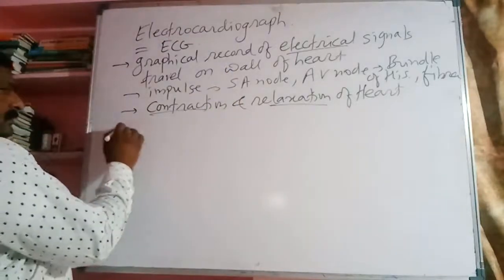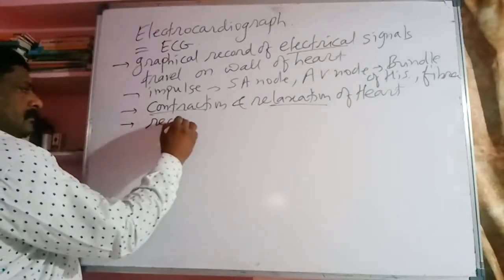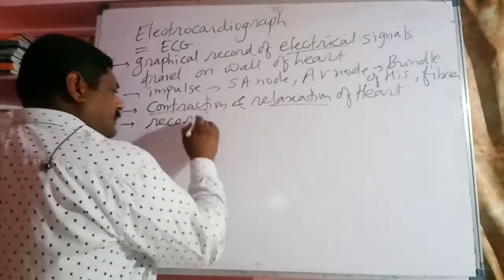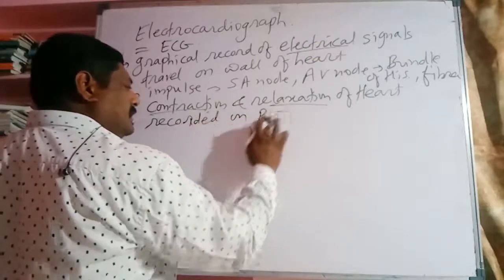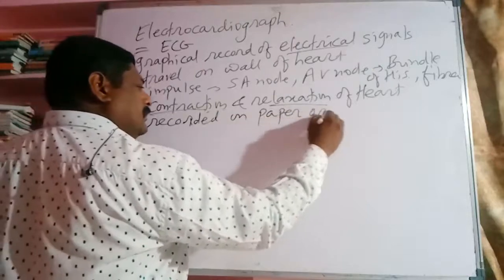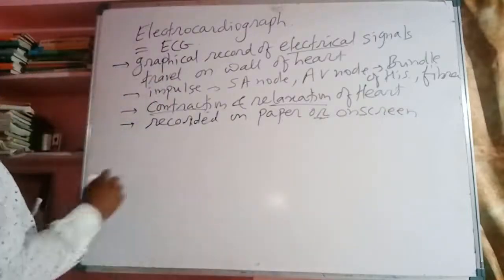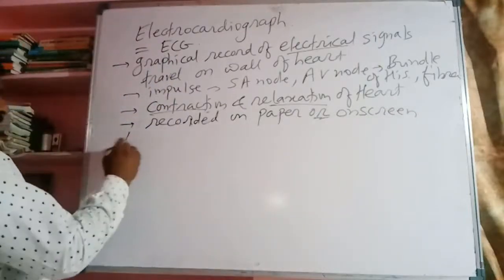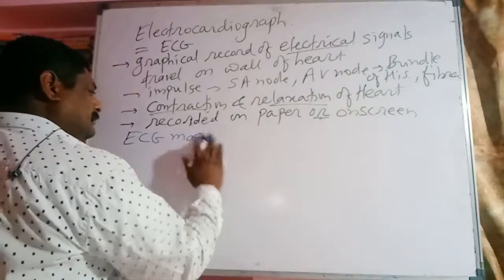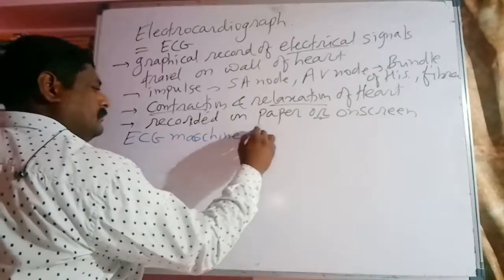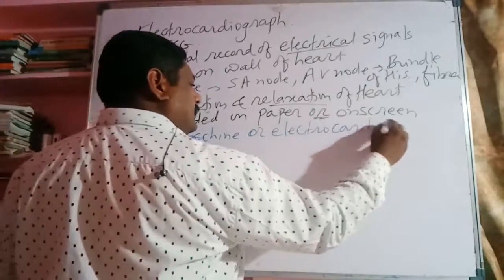So it can be recorded on paper or on screen, printed on paper, or observed on screen with the help of the ECG machine, the electrocardiograph.